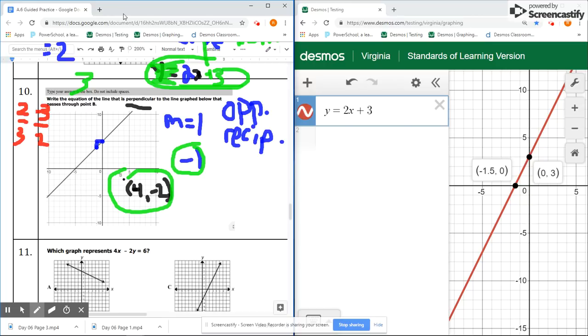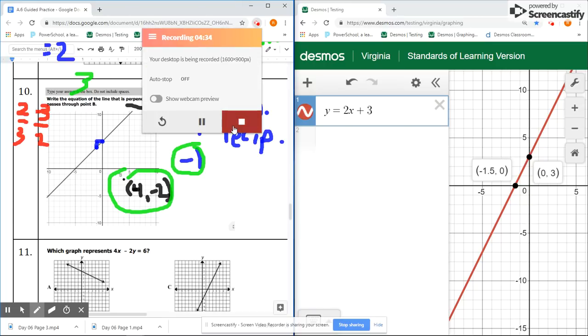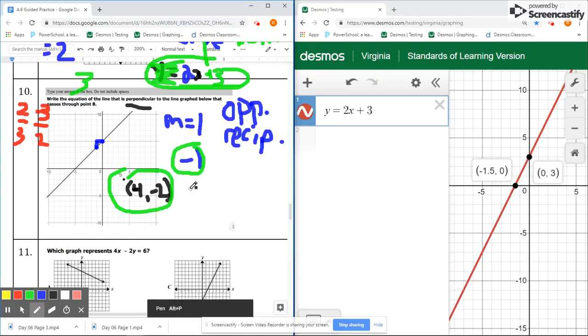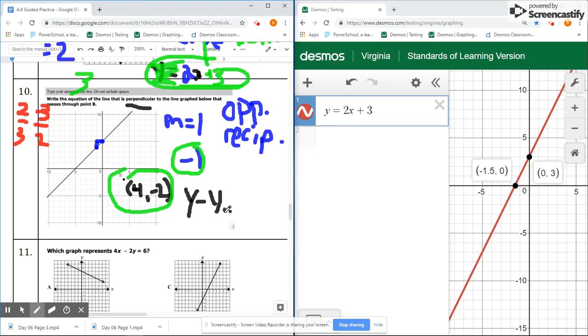So remember, if we have a point and a slope, we use point-slope form: y minus y1 equals m parentheses x minus x1. Remember that y1 and x1 are the point here, and m is the slope.